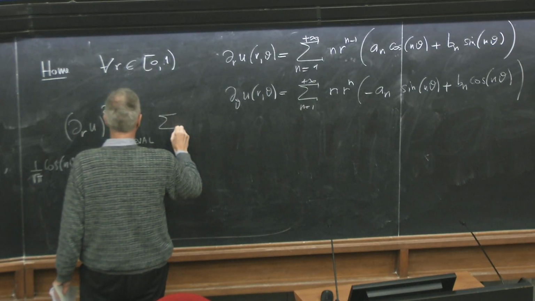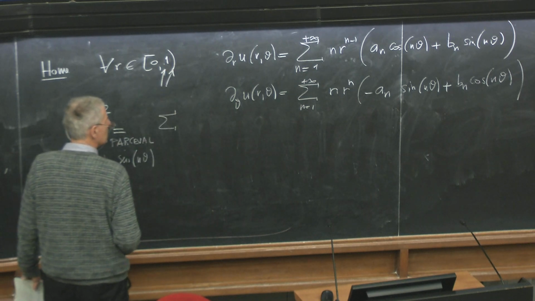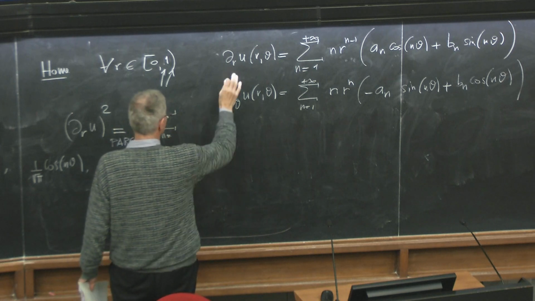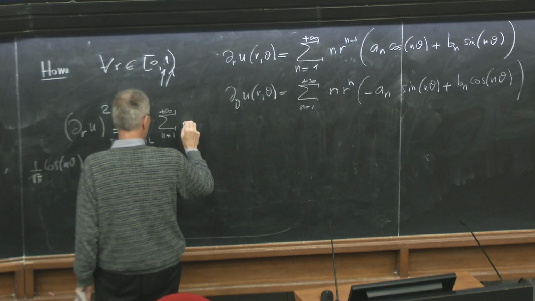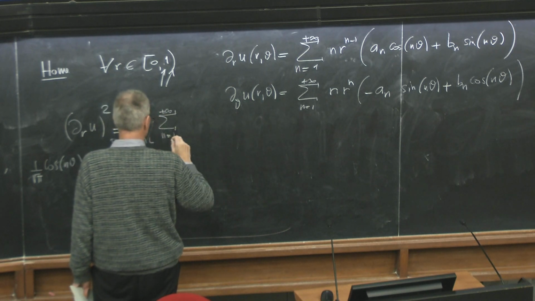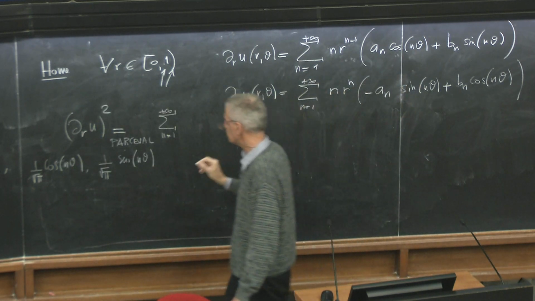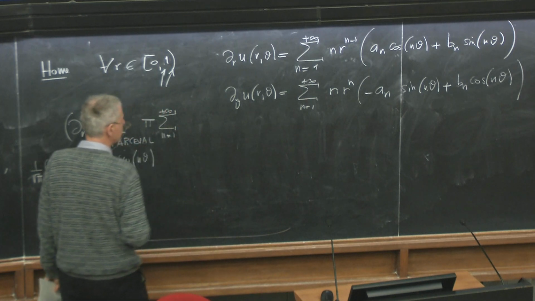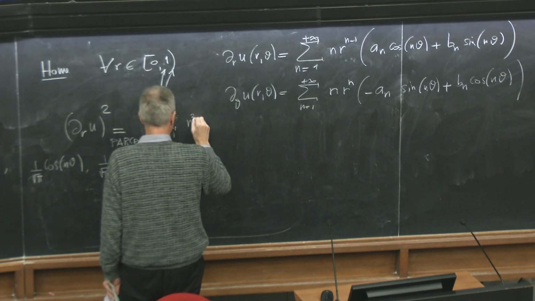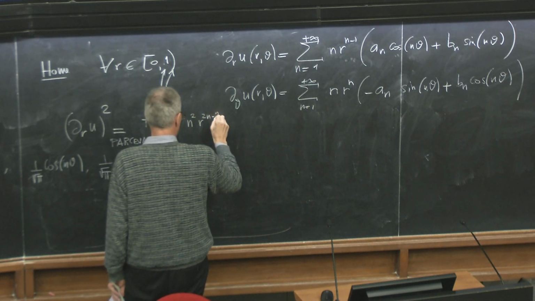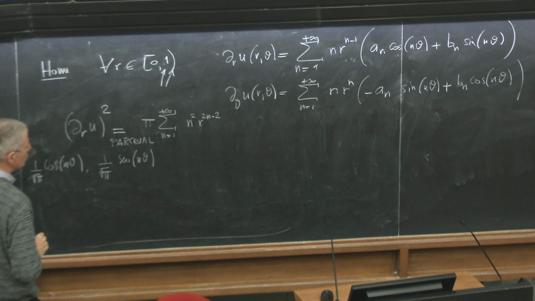We get that as soon as r is less than 1, this is equal to, of course, the sum for n equals from 1 to plus infinity. Then what do we have? Maybe there is, because this is not divided by square root of pi, so I think there should be, please check, there should be a pi here. So let me see. 2n minus 2.